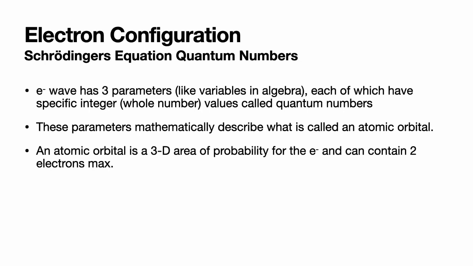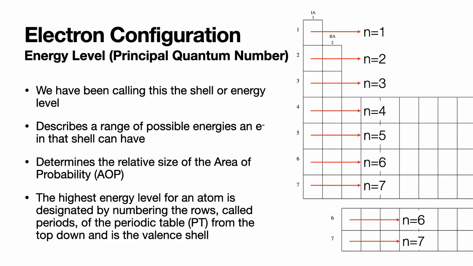Now, we've already touched on some of these. Okay? So, we have an energy level, the principal quantum number, that's what it's called. That's the number we had running down the left-hand side from top to bottom. The symbol for it is N. I'm not overly concerned about that.